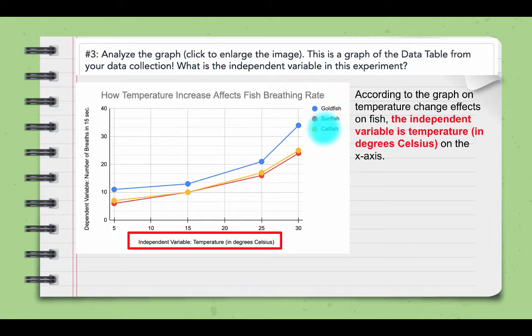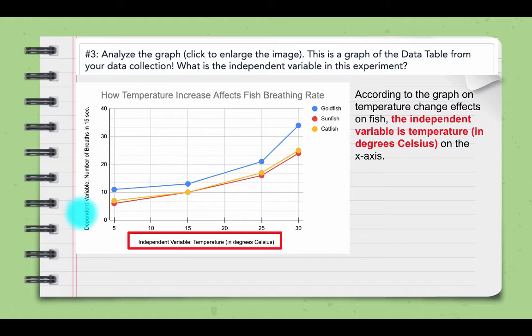Sunfish is red, catfish is yellow. And as the temperature on the x-axis increased, in this case using degrees Celsius, 5, 10, 15, 20, etc., the number of breaths were measured, and once that was plotted, we saw that the data increased. The fish breathing rate increased.